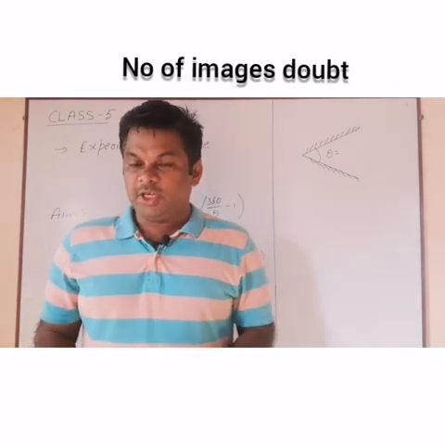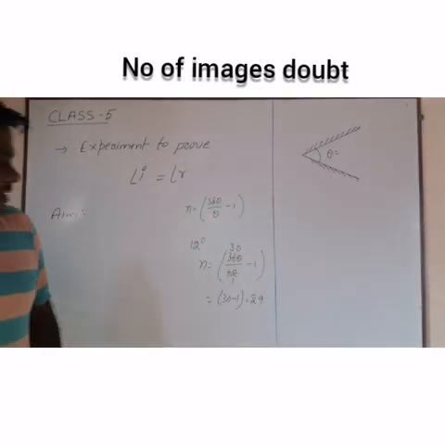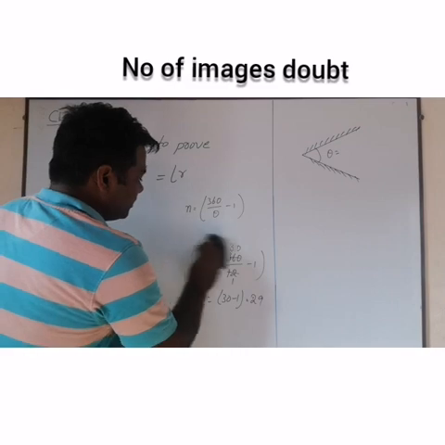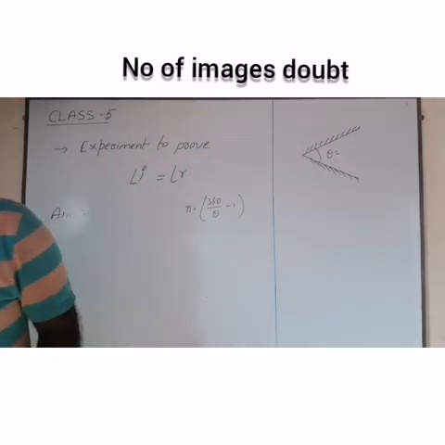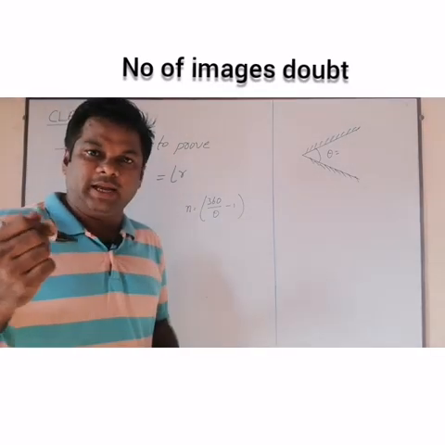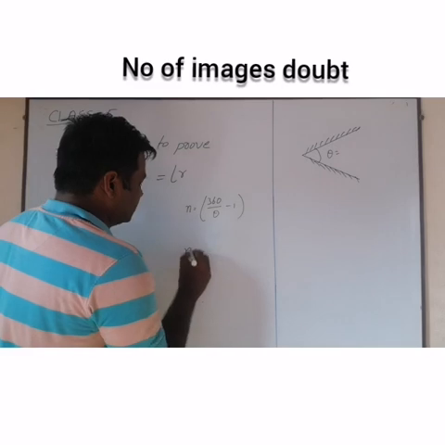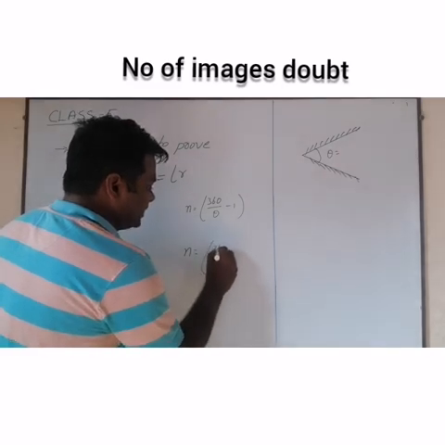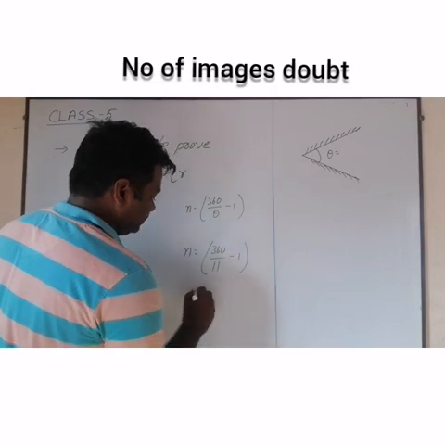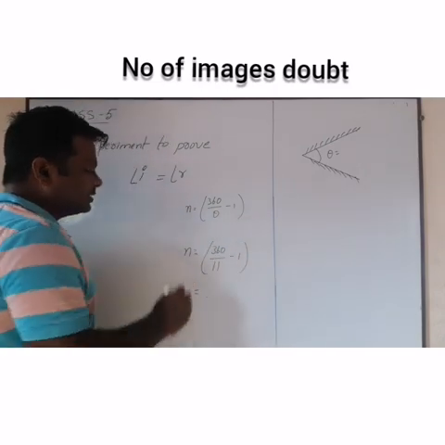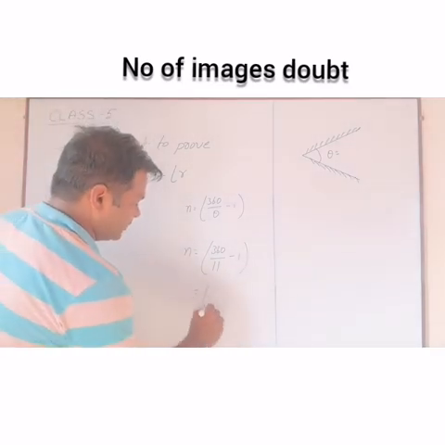If you are not getting a perfect number, instead of taking 12 degrees, if you take 11 degrees, then what will happen? n is equal to 360 by 11 minus 1. When you cancel, you may never get a simple number.